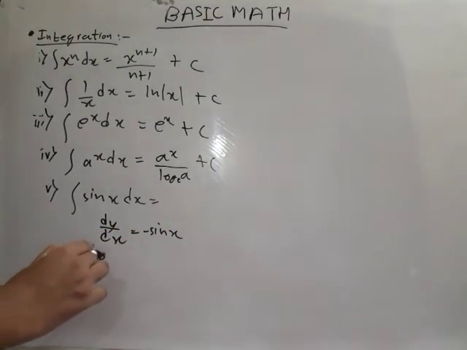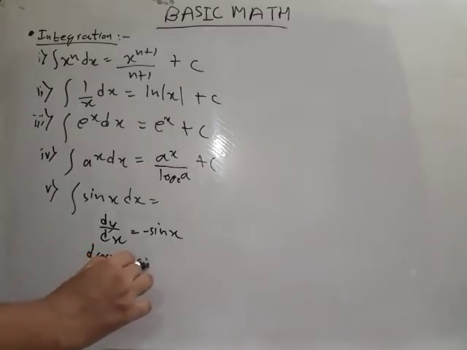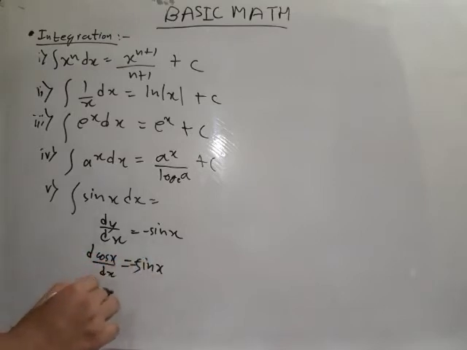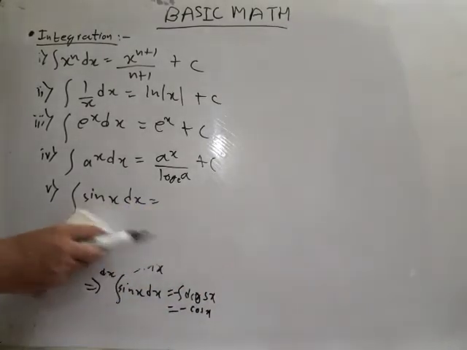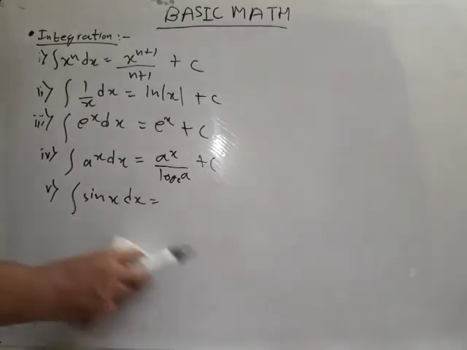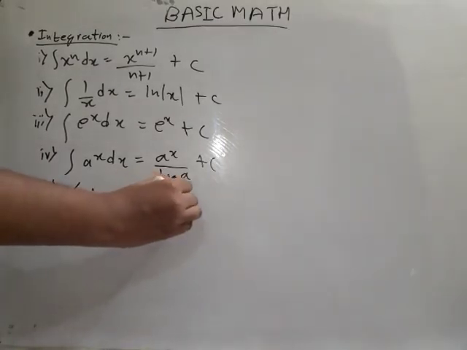So d cos x by dx was minus sin x, or sin x dx, if we integrate it, becomes integral d cos x with a minus, because the minus comes to the opposite side. The minus retains, and since this is d whole of cos x, it becomes simply cos x. So we can easily determine the integral value from the differentiated value. So this is minus cos x plus c.